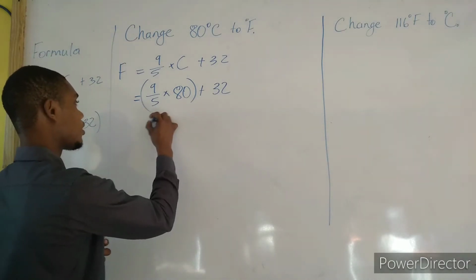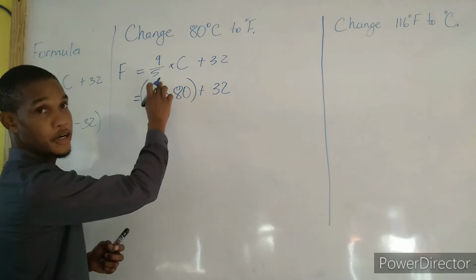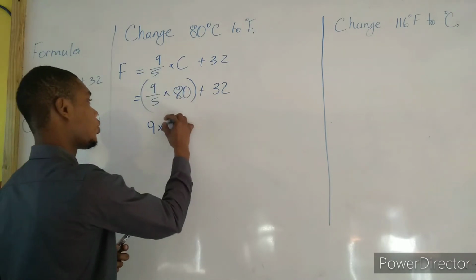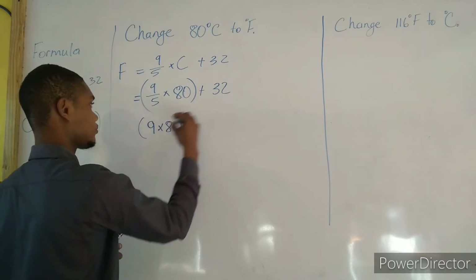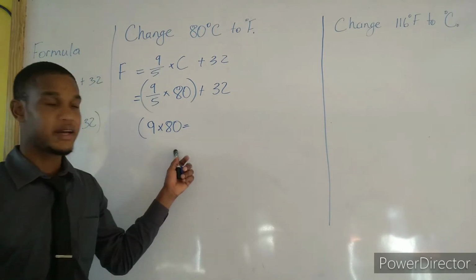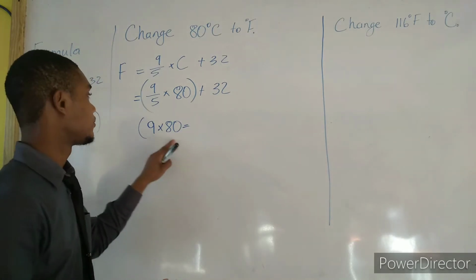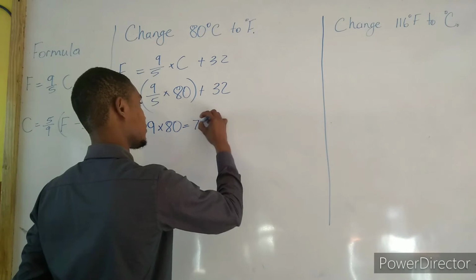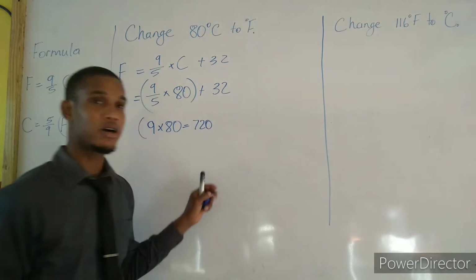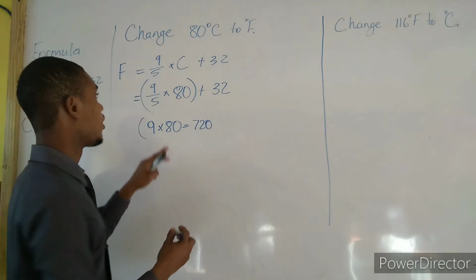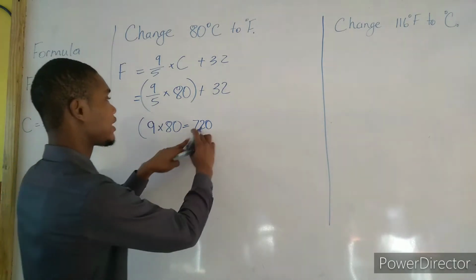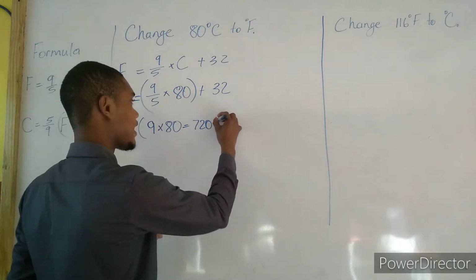Working it out the long way means you will multiply your numerator by your whole number. So it would be 9 times 80, and that would have given you 720. Now, what about 5? It means that this answer, you must divide it by 5.